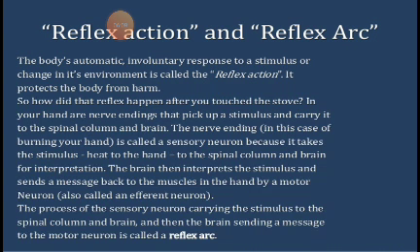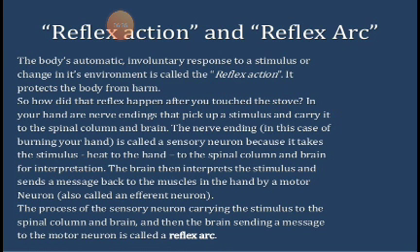Reflex action and reflex arc. The body's automatic involuntary response to a stimulus or changes in its environment is known as reflex action. It protects the body from harm. So, how did that reflex happen after you touched the stove? In your hand there are nerve endings that pick up a stimulus and carry it to the spinal column and the brain.